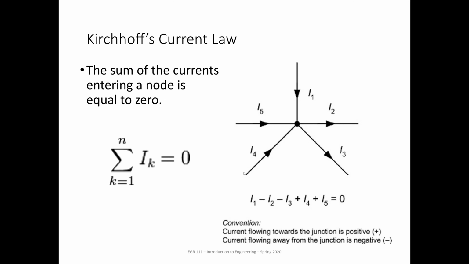Okay. So first part here, we're going to talk about Kirchhoff's current law. And the idea here is essentially, if you think about maybe water traveling through a pipe, and maybe this is some kind of split here. You have water flowing in, this is coming in, this is coming in to this junction, and then it's leaving this junction.